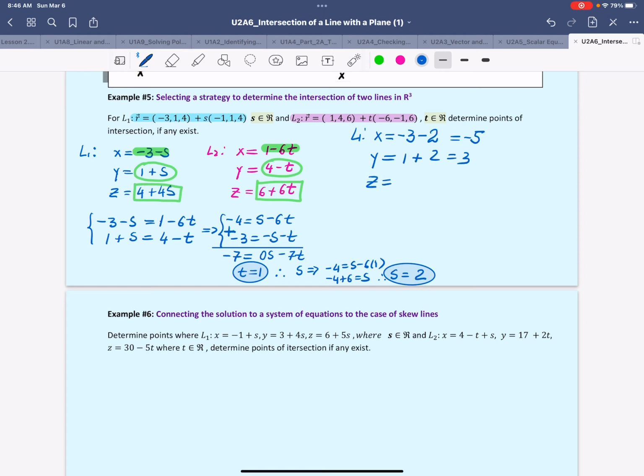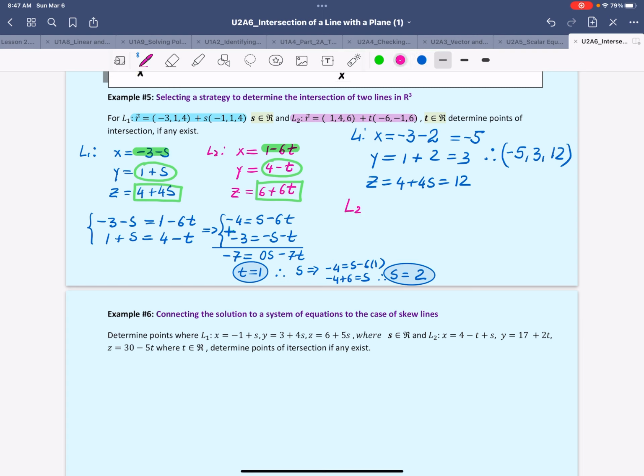And for the z-coordinate, we'll have 4 plus 4s, which is 4 plus 4 times 2 equal to 12. So therefore, if there is a point of intersection on line L1, it will have to be negative 5, 3, and 12. So let's check and see line L2, how it's doing.